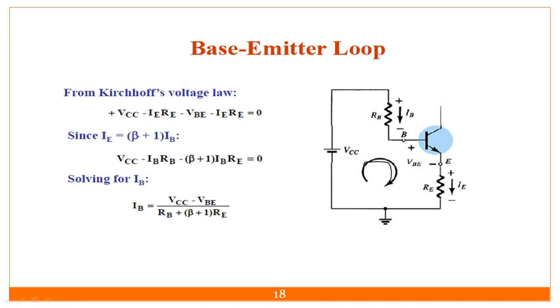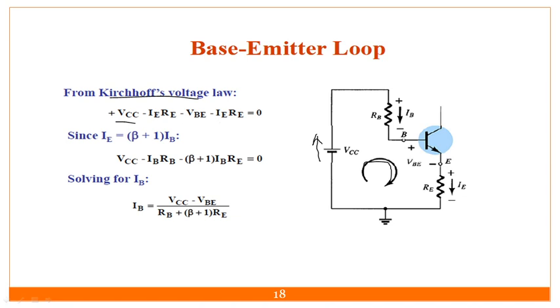Going from lower potential to higher potential, I have to use the plus symbol for VCC. Then the drops you have to calculate, because it is Kirchhoff's voltage law. Going from plus to minus, I have to write minus.